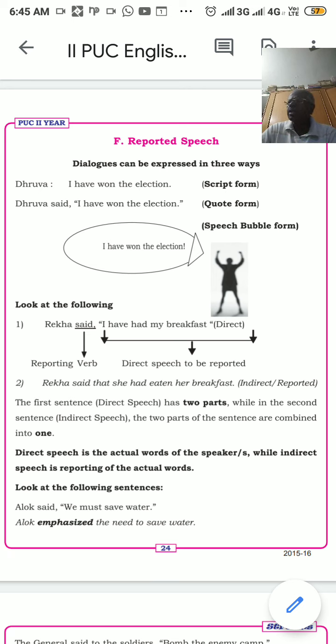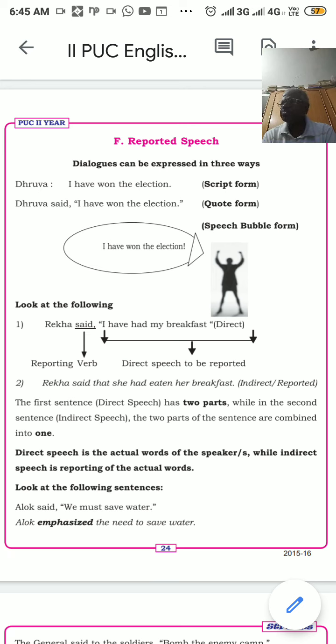Then, second rule is, when the reported speech contains a universal truth, habitual action, or historical scientific facts, again, the tense of the direct speech is not changed. Suppose there is a universal truth.